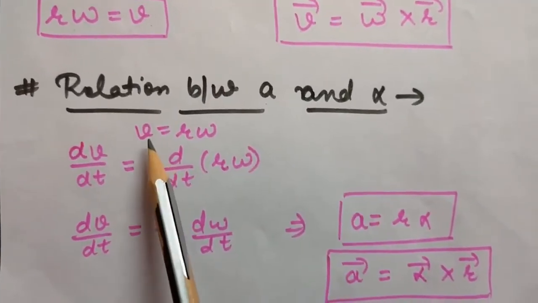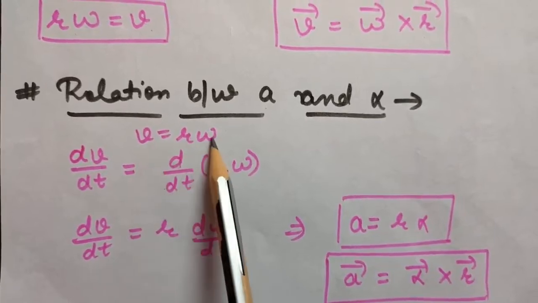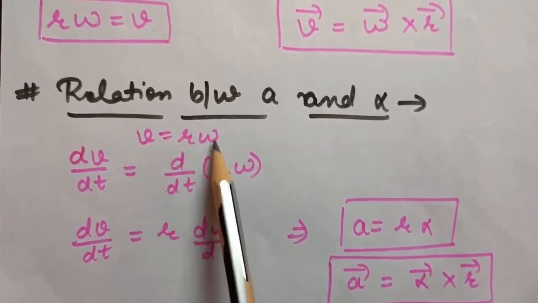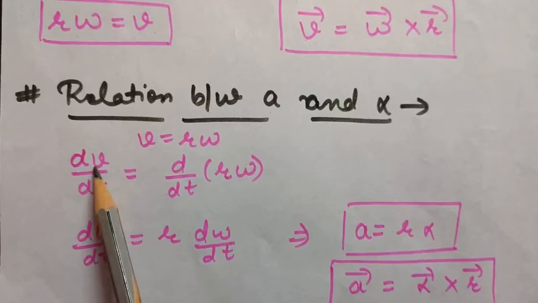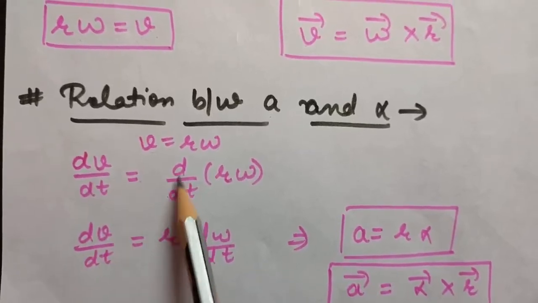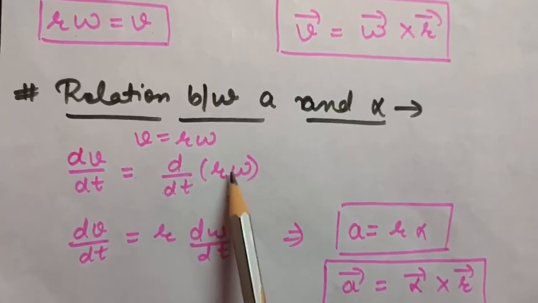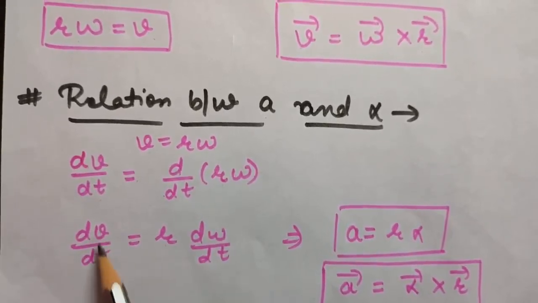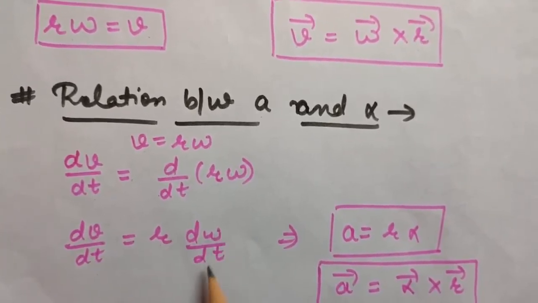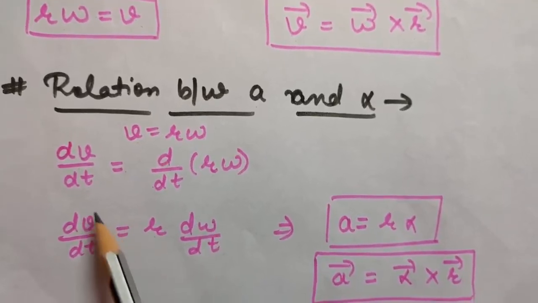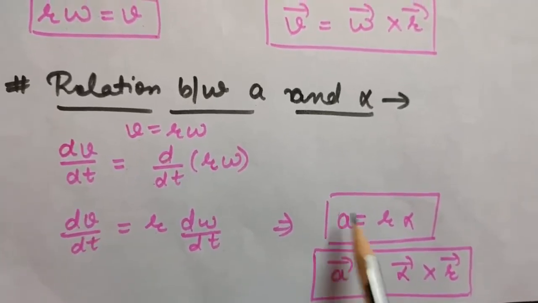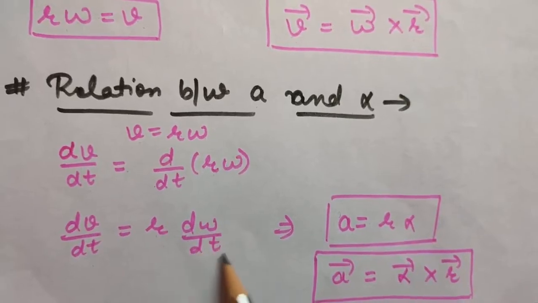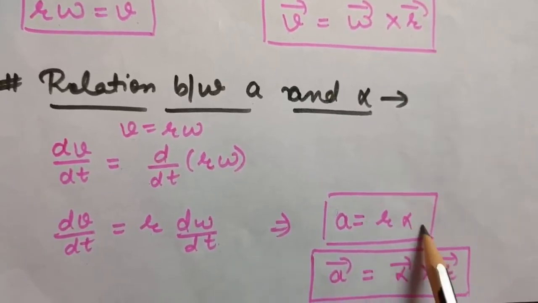As we have calculated v is equal to r omega, just differentiate both sides with respect to time. So you will get dv by dt is equal to d by dt of r omega. Now radius is a constant vector, so it will come outside. So dv by dt is equal to r d omega by dt. Now dv by dt is nothing but acceleration, and d omega by dt, as I told you, is angular acceleration.